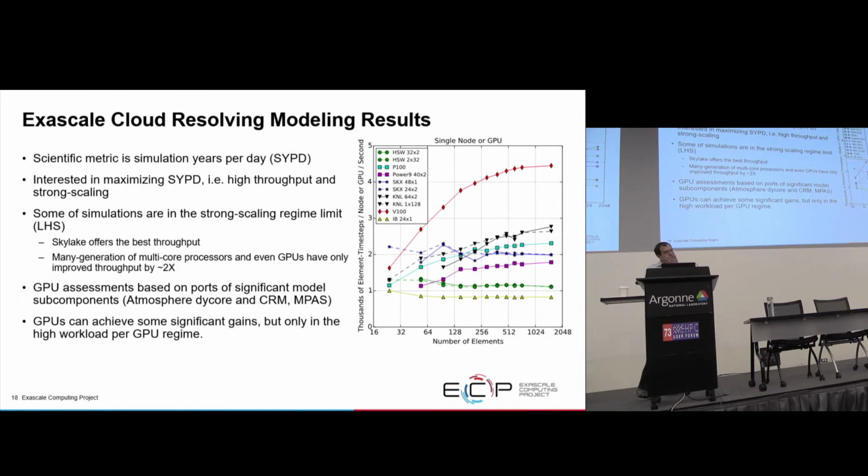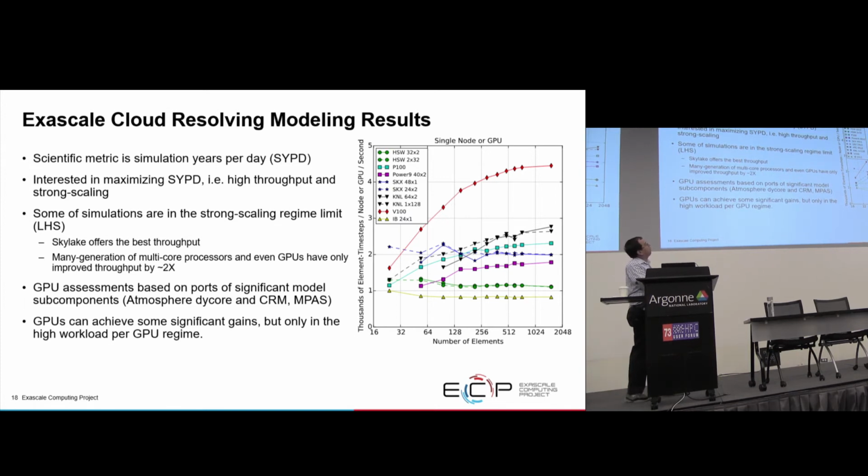In the couple of minutes that I have left, I want to show you some results. Again, the metric that's of interest to the scientists is simulated years per day. We're interested in maximizing that. We often run our simulations at the strong scaling limit, where we're starting to run out of work per node. What you see here is the number of elements being evaluated in a time step, so more elements is better.